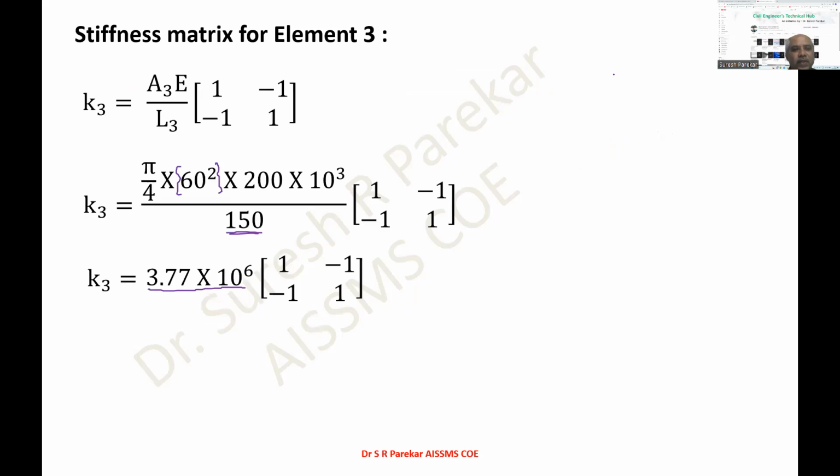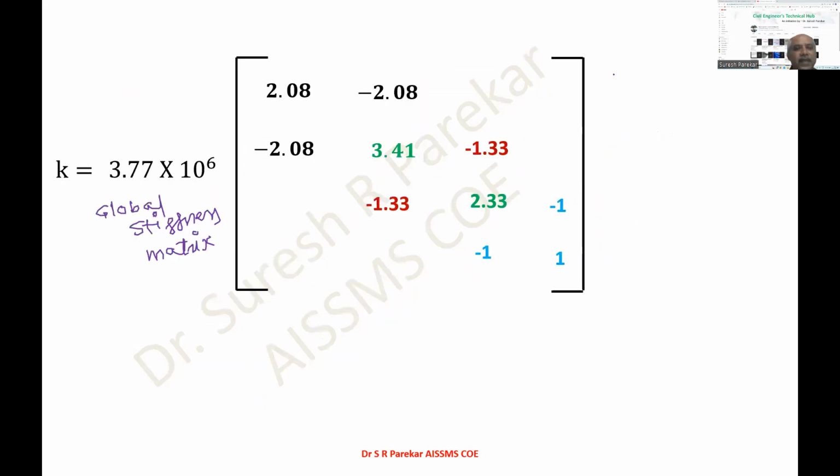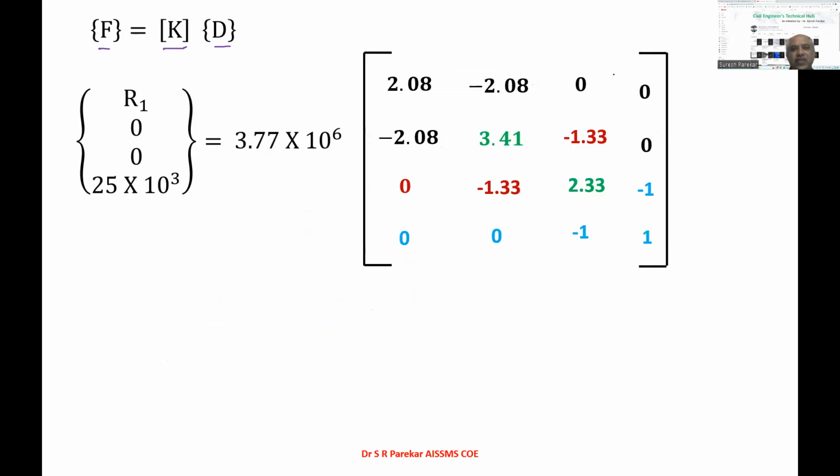And then we have to put that value in that equation, and we will get this as R1, 0, 0, 25 into 10 raised to 3, equal to 3.77 into 10 raised to 6 into this value, which is your global stiffness matrix. And we have four displacements at four nodes, U1, U2, U3, U4, and U2.